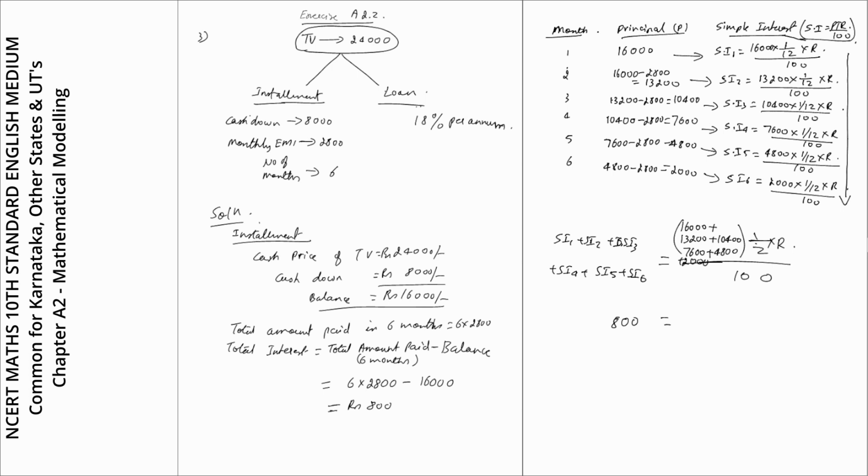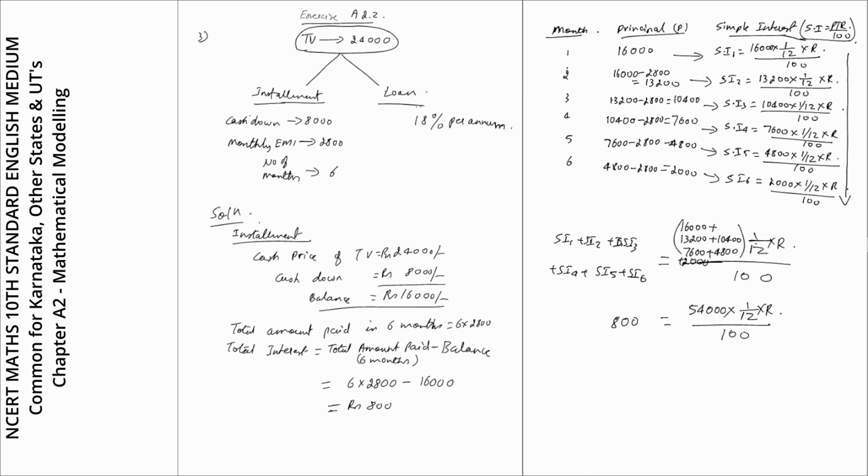So 800 is equal to 1 by 12 into r by 100 into, now 16,000 plus 13,200 plus 10,400 plus 7,600 plus 4,800 plus 2,000, I'll get 54,000. Sorry, it's 1 by 12 here. Now we can simplify.